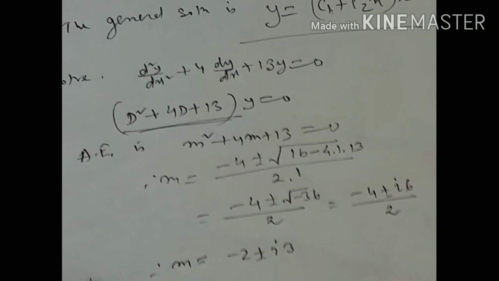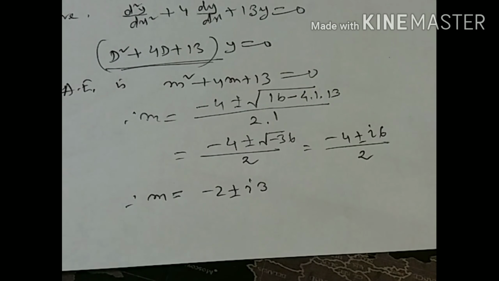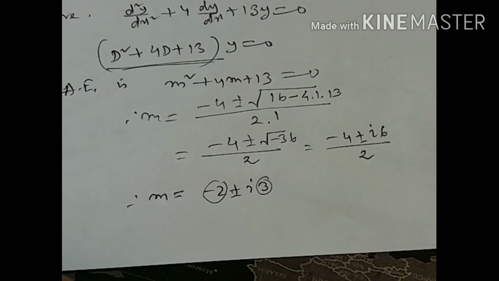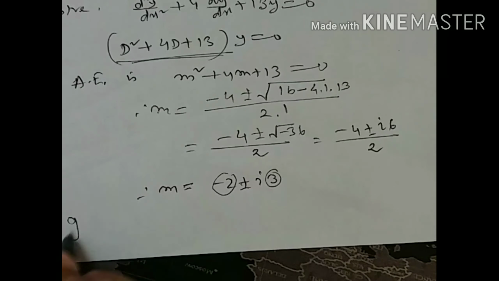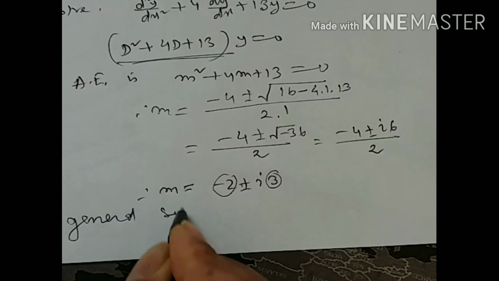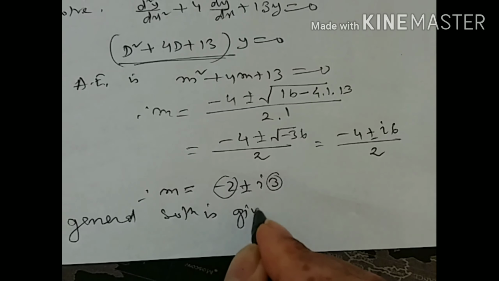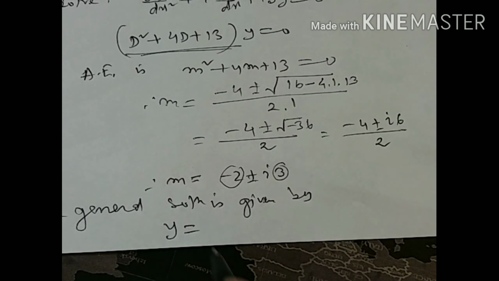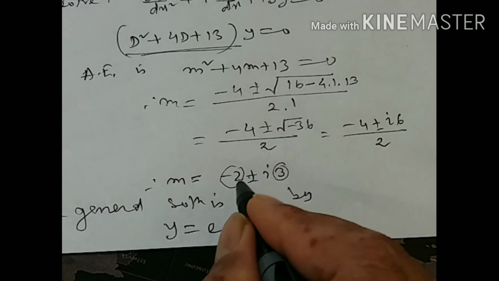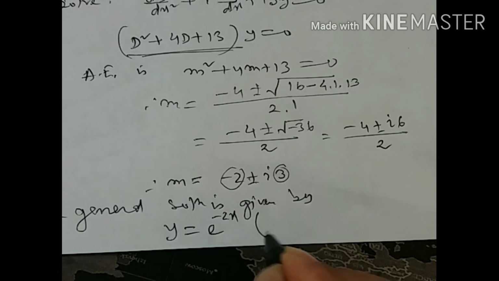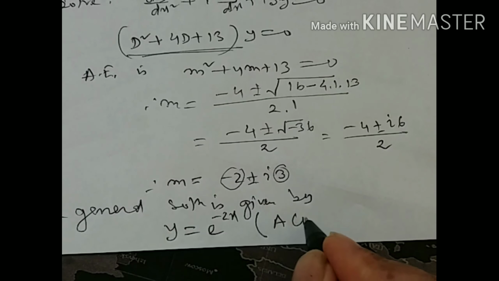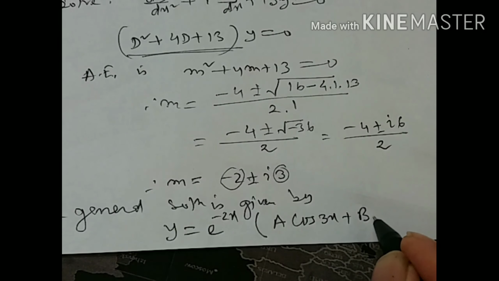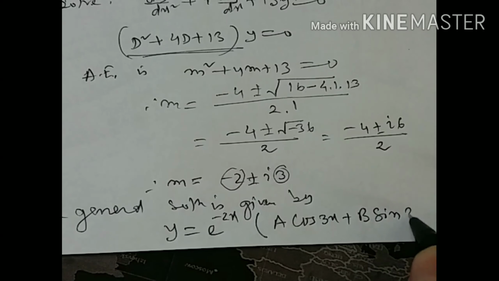So the roots are in imaginary form or complex form. This is alpha plus minus i beta. Therefore the general solution in this case is given by y equal to e to the power alpha x. Here alpha is minus 2, so e to the power minus 2x, then arbitrary constants A cos beta x, here beta is 3, so we will write cos 3x, plus B sin beta x.